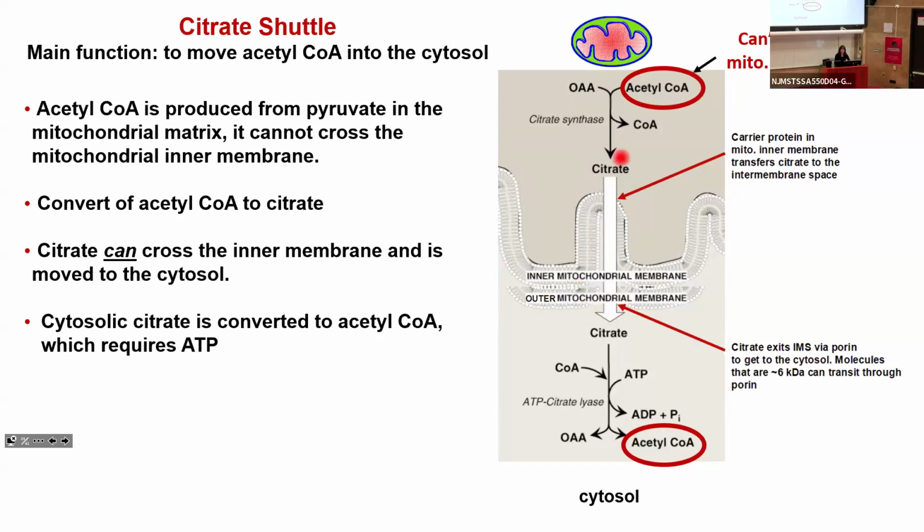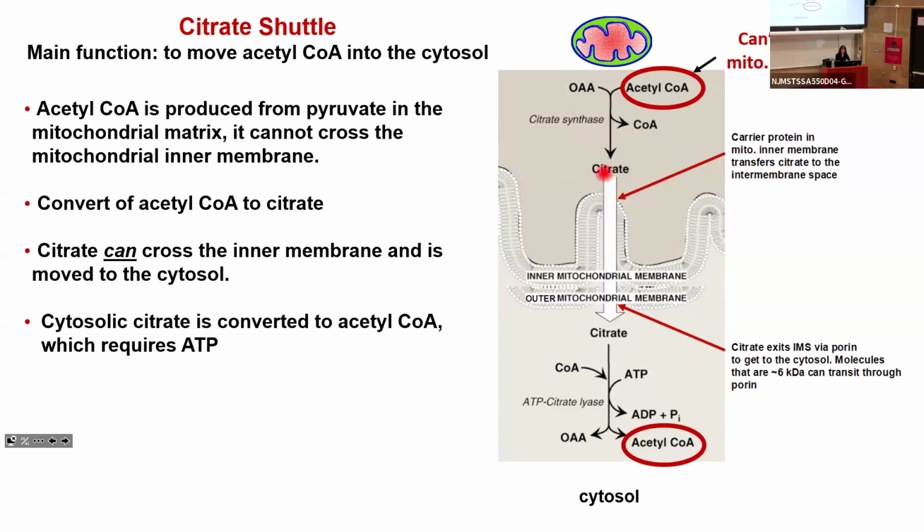And how that happens is that the acetyl-CoA can get converted to citrate. Okay? And it does this by using another intermediate in the TCA cycle. You don't need to memorize all those details. If you want to know it, it's oxaloacetate, which can combine with acetyl-CoA using an enzyme called citrate synthase in order to generate citrate.